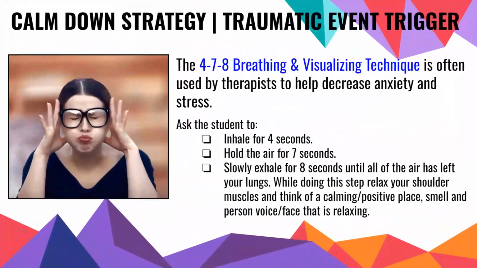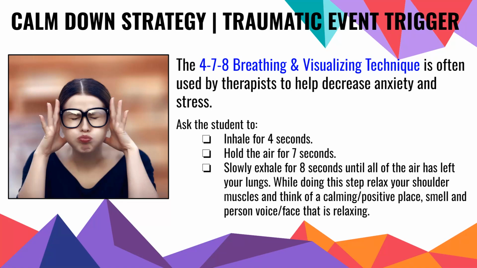The next one is a calm down strategy during a traumatic event. So this is a 4-7-8 breathing technique, and it's infused with a visualization technique as well. This is used by therapists to help decrease anxiety and stress. So inhaling for 4 seconds, you hold the air for 7, you slowly exhale for 8 seconds until all of the air has left your lungs.